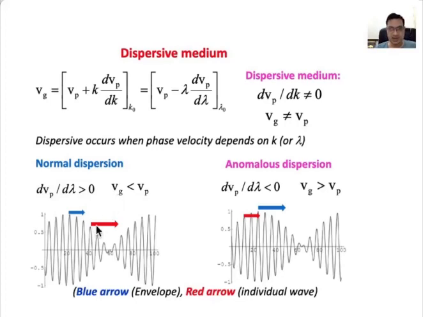You can see that the red arrow represents the velocity of individual waves, whereas the green arrow represents the velocity of the wave packet, or the envelope of the wave packet, and red is moving ahead of the blue. Anomalous dispersion is defined the other way around. It means that dvp over d lambda is a negative quantity. In that case, your group velocity will be larger than the phase velocity, and the situation reverses.